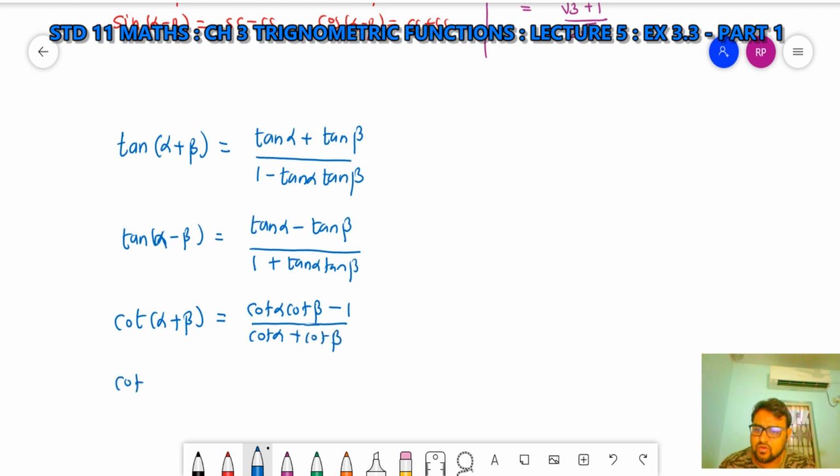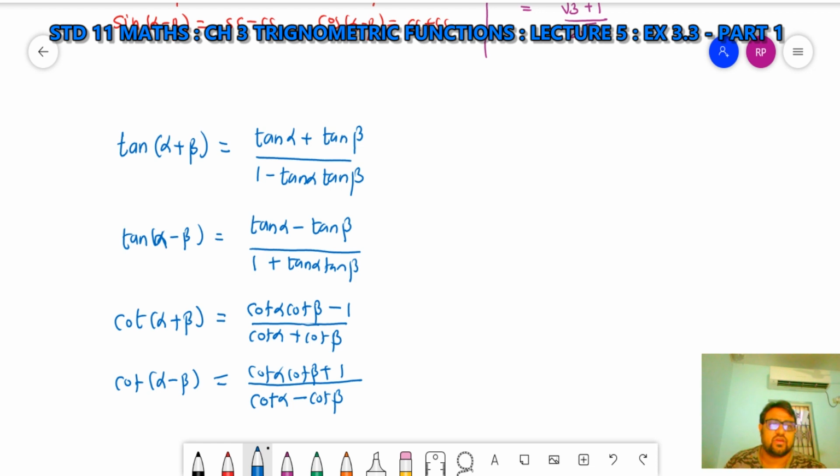And cot alpha minus beta will be equal to cot alpha cot beta plus 1 upon cot beta minus cot alpha. You can remember in this one, the denominator is cot alpha minus cot beta upon cot alpha cot beta plus 1. Clear? So this is about cot.